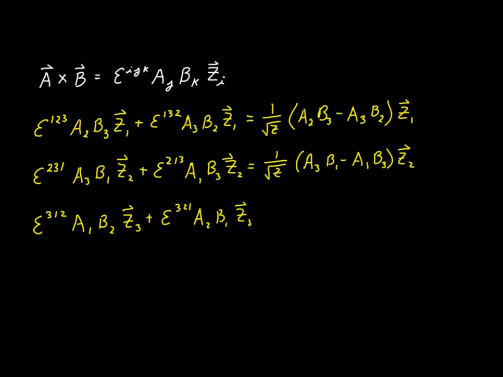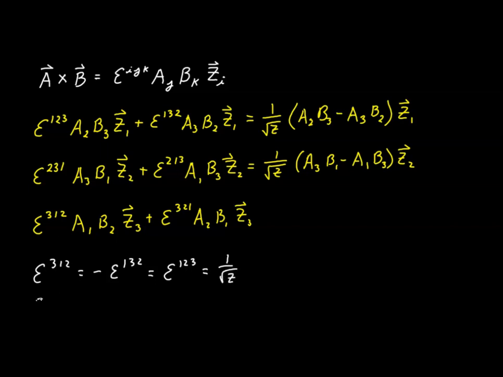Okay, now epsilon 3, 1, 2 is equal to negative epsilon 1, 3, 2, flipping the first two indexes, and then it's equal to positive epsilon 1, 2, 3, because we're flipping the last two. And this, of course, again is equal to 1 over square root of z.